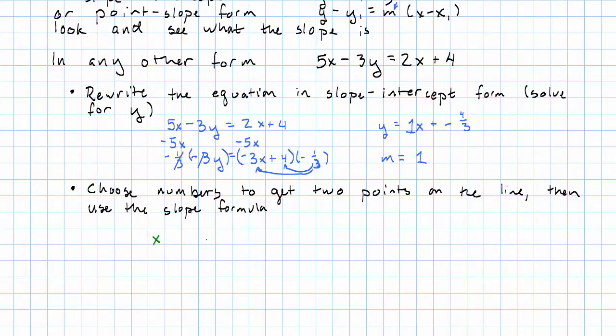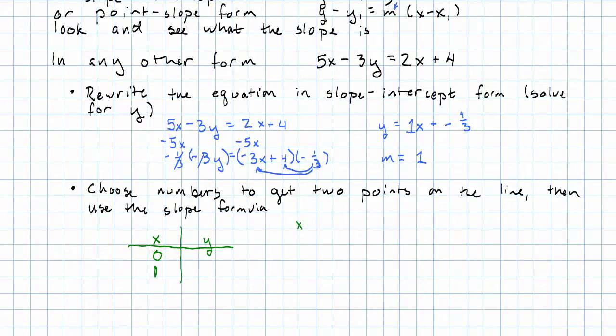Let's see, x, y. I'm going to pick values. Looking at the way that my equation is set up, I think I'm going to pick two different values for x. I'm going to pick 0, because that makes all the arithmetic easy. And I'm going to pick 1. So let's see.